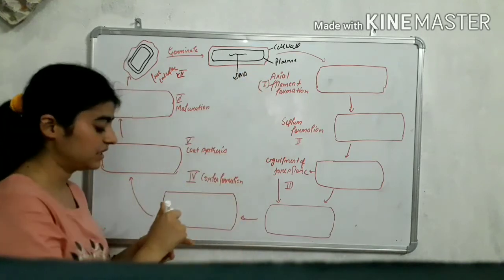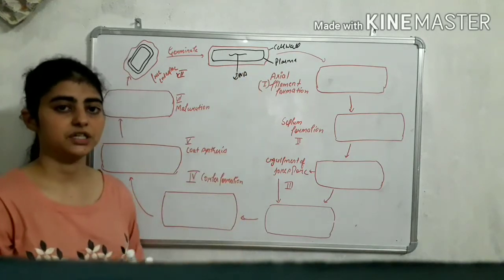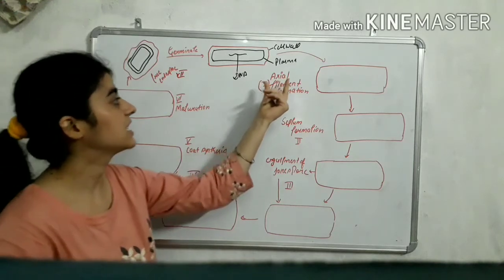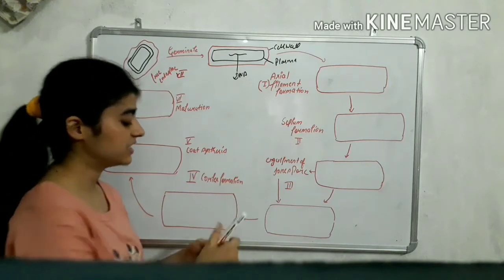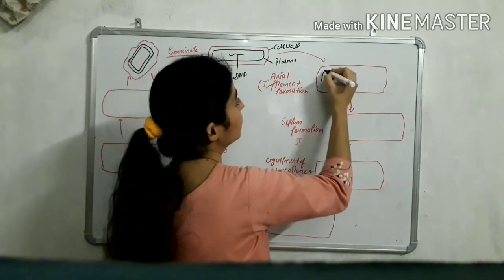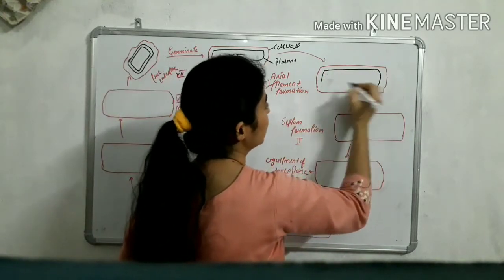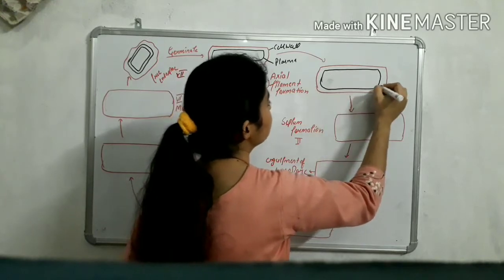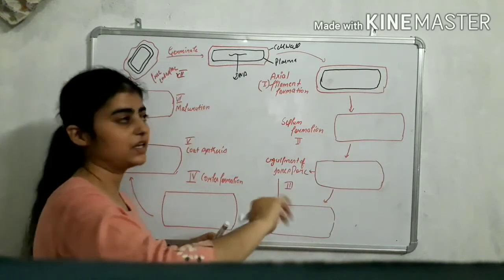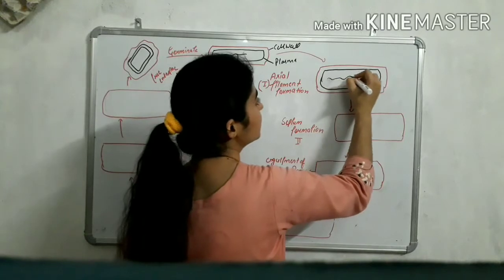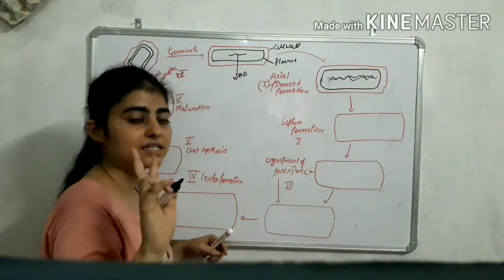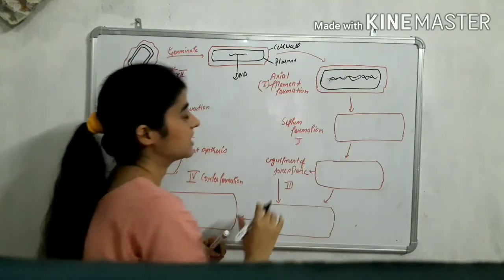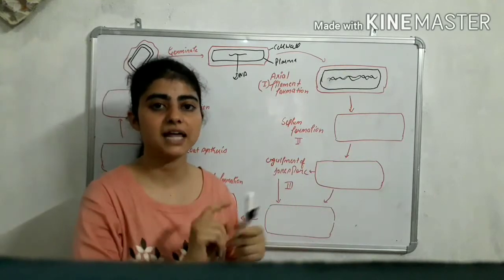Now what will happen during unfavorable conditions? The first stage is axial filament formation. What happens in this stage? The DNA will start to elongate itself, forming the axial filament, and the second thing that happens in this stage is the infolding of the cell membrane.